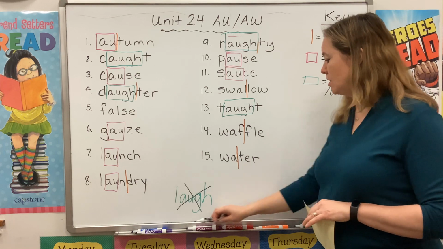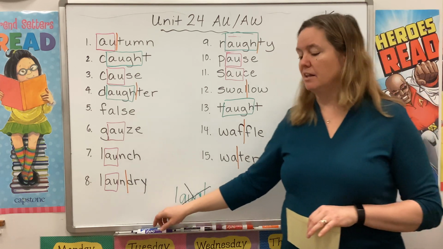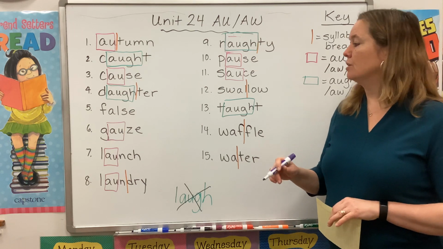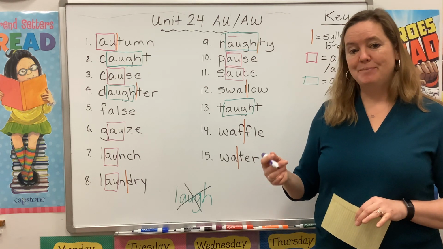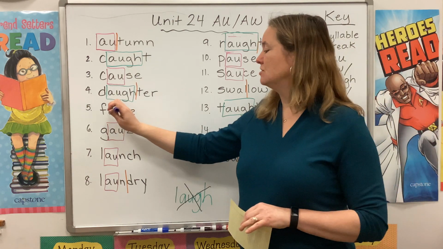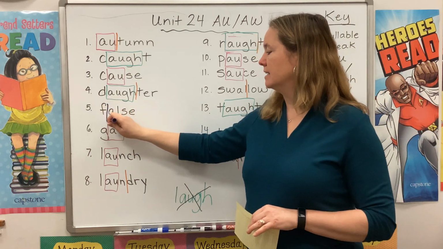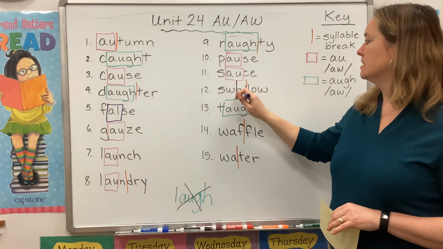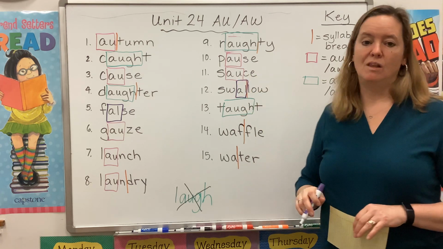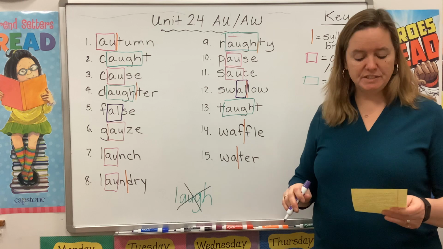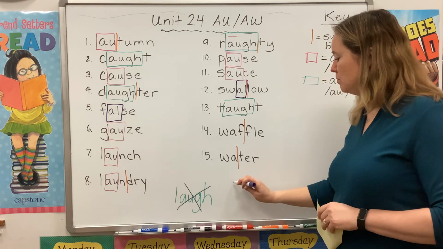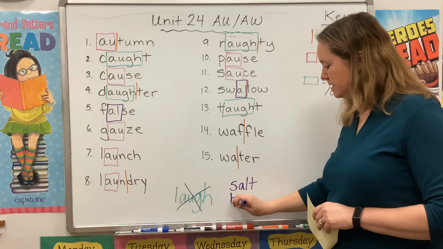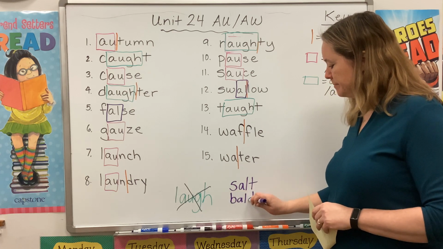Okay, so let's choose another color, and this time we're going to look for AL. AL says all in words like false and swallow, okay? You've seen this before in words like salt and bald.